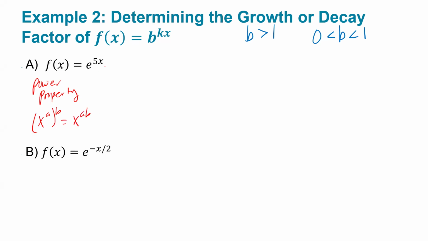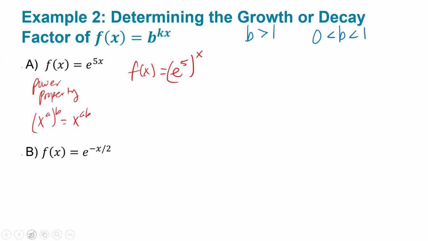So we're going to use this property to undo this, to separate our variable from our coefficient. So this is going to become f of x equals e to the fifth, and then our x is on the outside. That's what makes that possible, the power property that you wrote down on page 90.